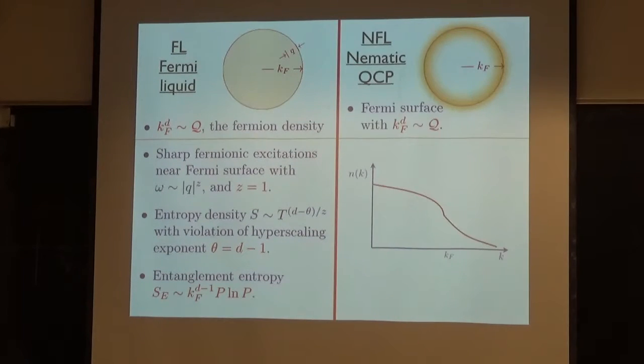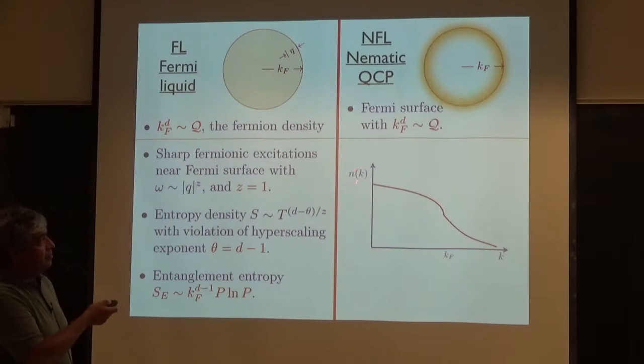So for this non-Fermi liquid at the nematic critical point, what do we find? So first of all, there is still a Fermi surface. The Fermi surface doesn't disappear. And one way to define the Fermi surface is, for example, measure n of k, the number of particles in momentum k. In a Fermi liquid that has a discontinuity at kF, now it has a singularity at kF.